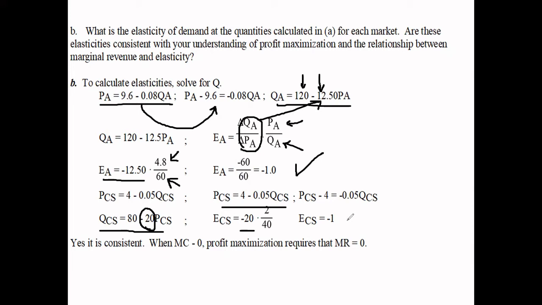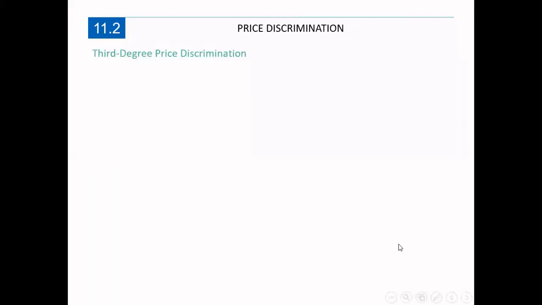So the elasticity for the kids is also negative 1. Yes, it is consistent. The pricing is optimal, and profit maximization requires that marginal revenue equal 0.